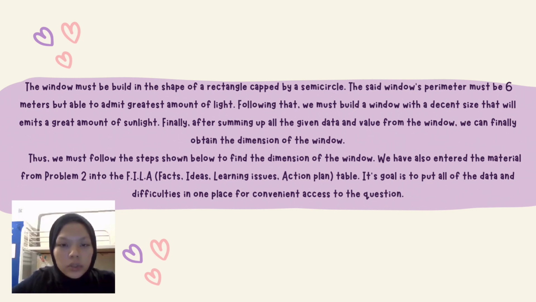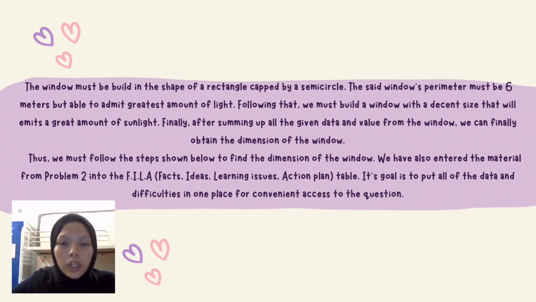Following that, we must build a window with a decent size that will admit a great amount of sunlight. Finally, after summing up all the given data and values, we can obtain the dimension of the window. Thus, we must follow the steps shown below to find the dimension of the window.